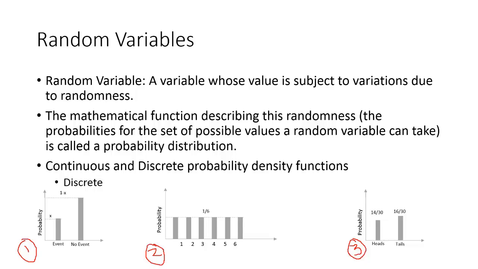But we can move to multiple outcomes, right? So if you look at number 2, what we have there is what you get when you roll a dice. So you roll a dice, and a dice has 6 faces, and on each face you have dots. If you roll a dice, you either get a 1 or a 2 or a 3 or a 4 or a 5 or a 6, and the idea is that the probability of each of these is 1/6 if it is a fair dice.